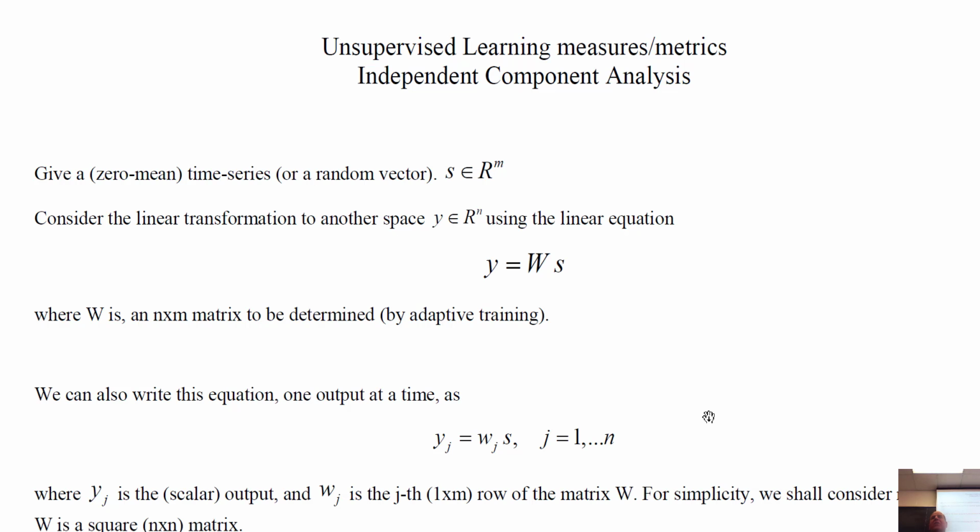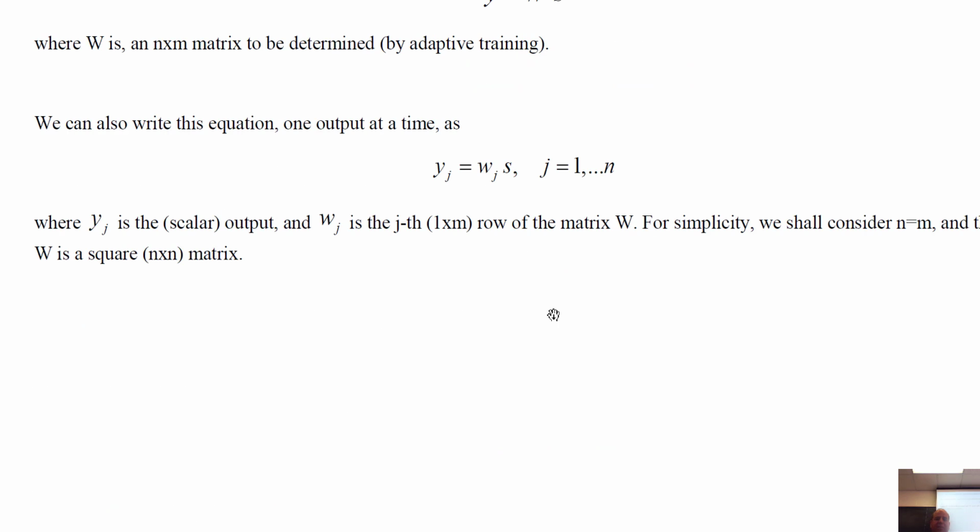To make things simple for ourselves, let's say that the output dimension is the same as the input dimension. So therefore, we're dealing with transformations that are symmetric. It's more complicated if it's not the same size, but the concepts that we're going to build right now benefit from having this simplicity. So that's the transformation that we have.